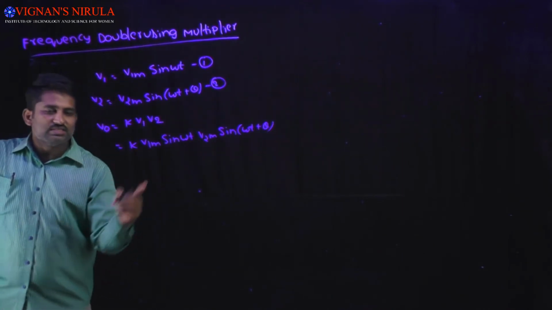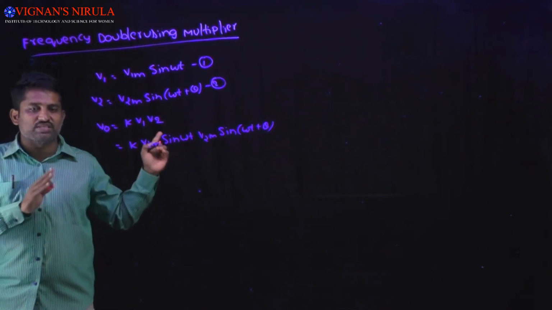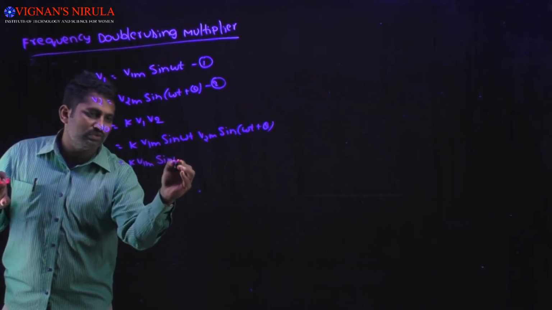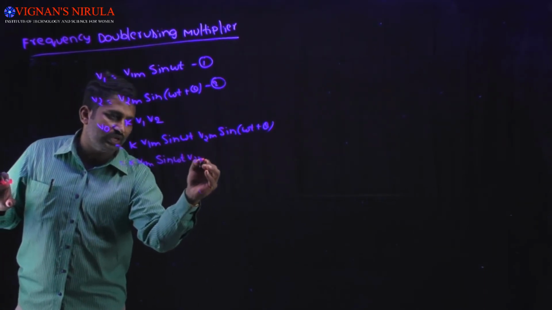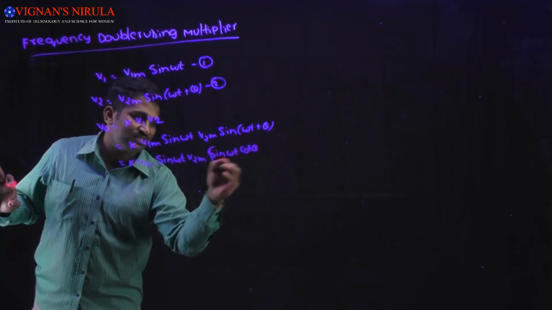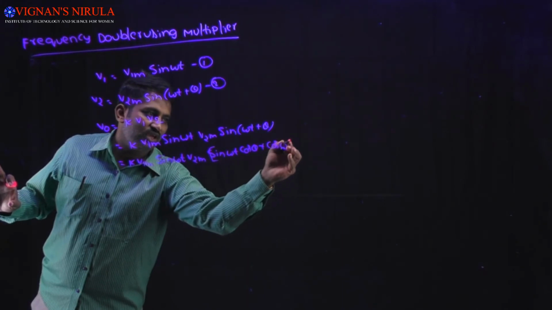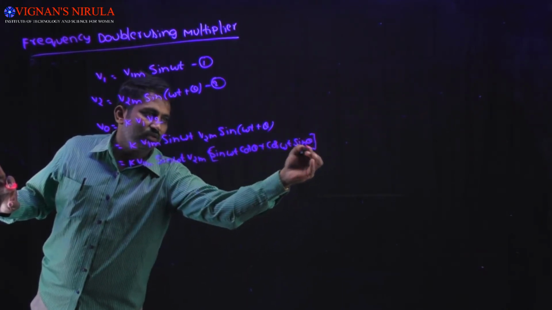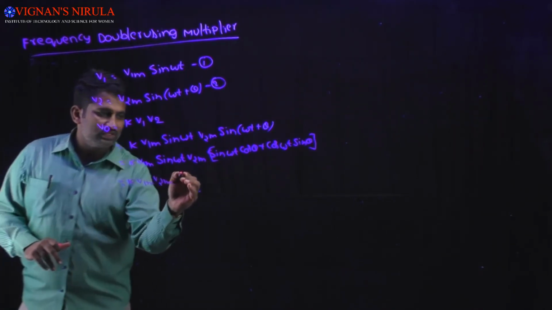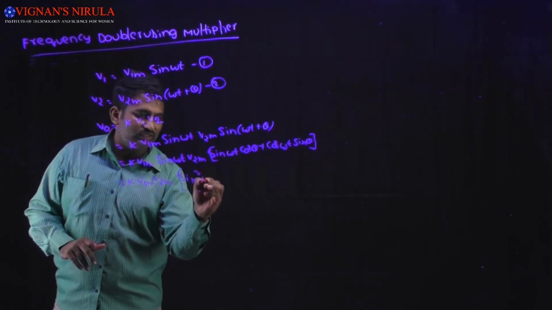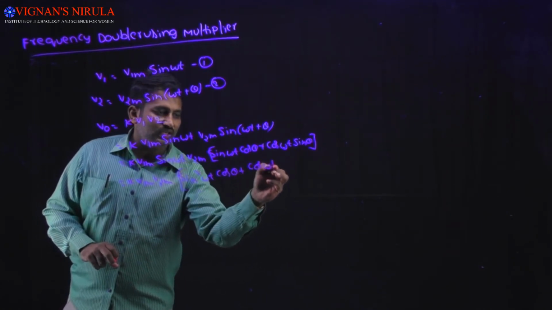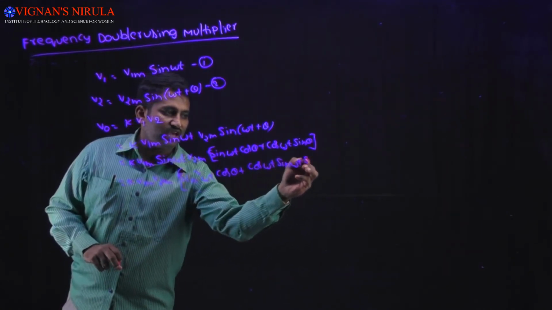We all know that sine of A plus B is equal to sine A cos B plus cos A sine B. So expand that equation: V1m sine omega t, V2m into sine A cos B plus cos A sine B. Okay, so from this, K into V1m into V2m, sine square omega t into cos theta plus cos omega t into sine omega t into sine theta.